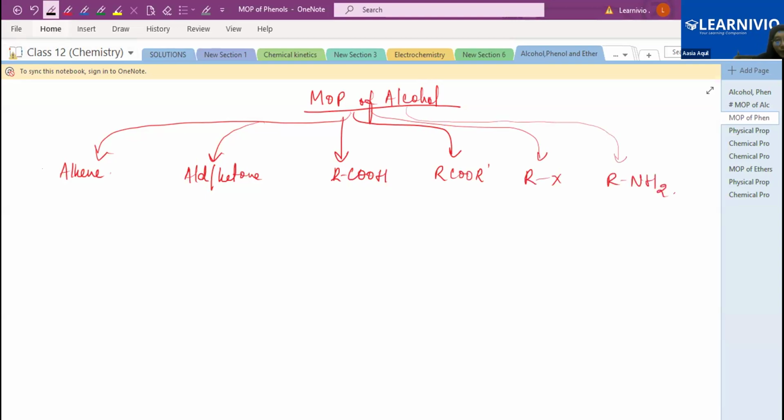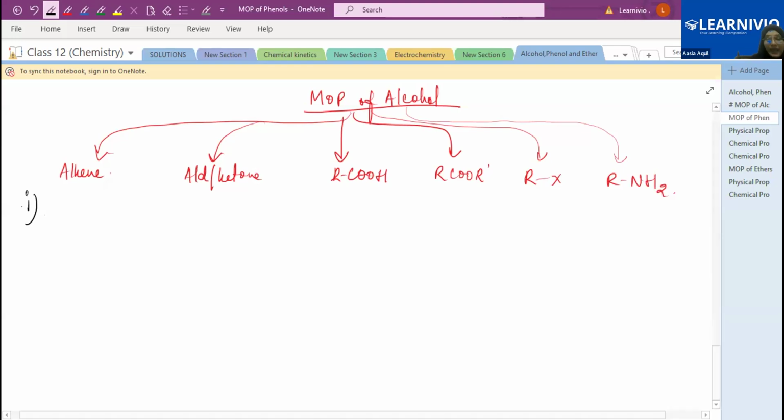First, from alkene, we learned two methods: the acid catalyzed reaction, and the second one, the hydroboration oxidation reaction. Just remember what reagents we use in these reactions.